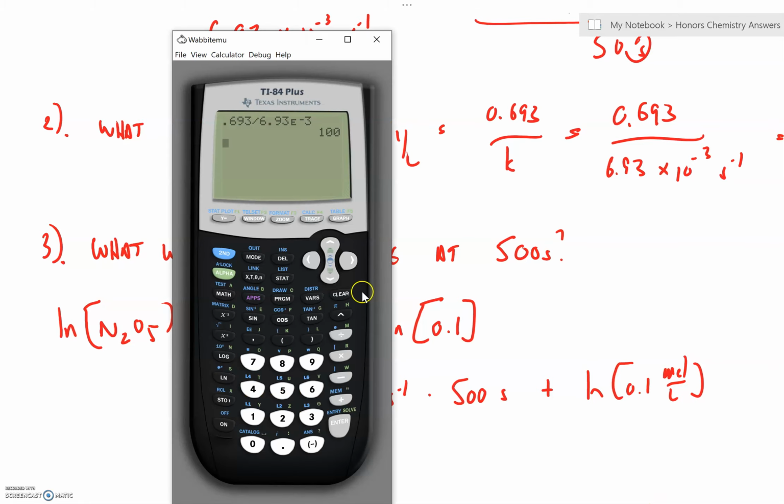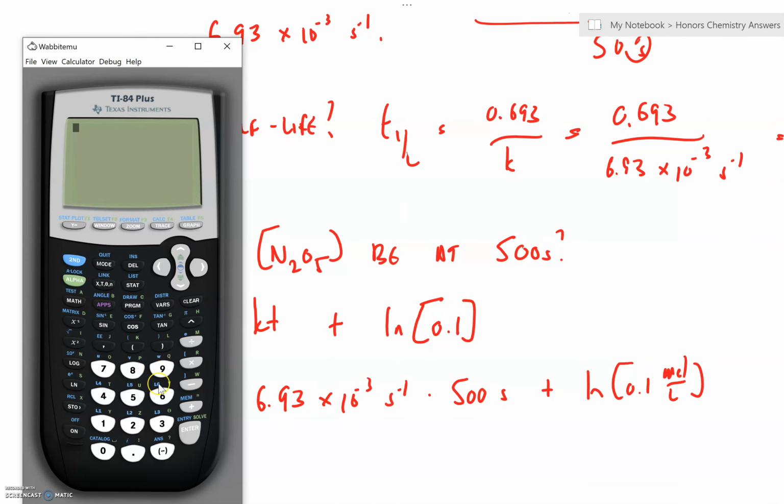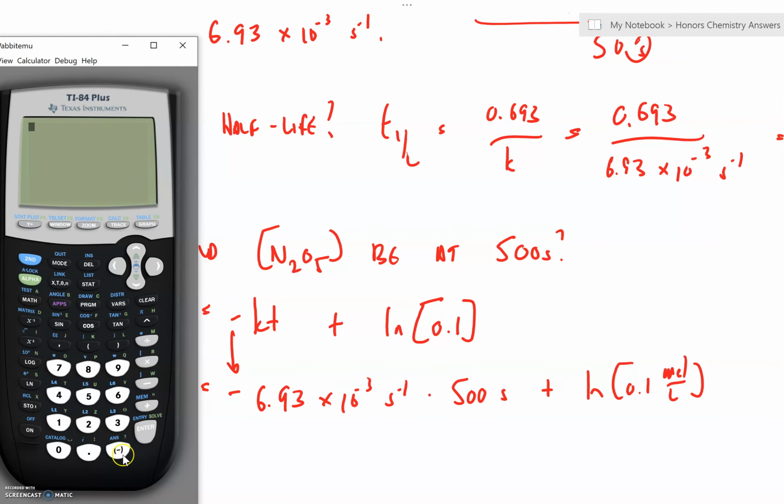So let's see what we get. We're going to bust out our calculator. Boy, it's a good thing we have these, huh? Don't forget that this K is negative. Negative 6.93 times 10 to the negative third times 500.